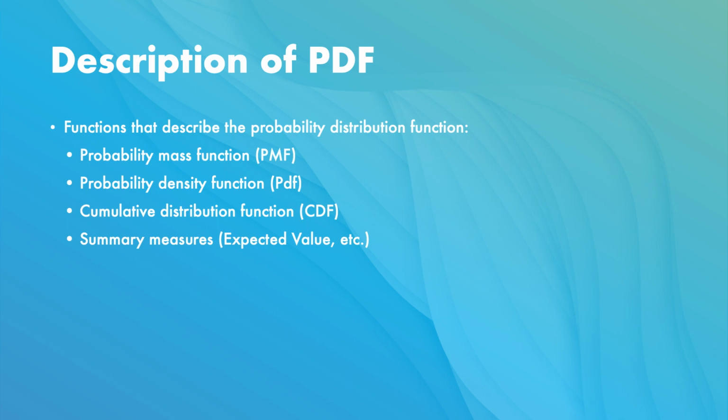The probability distribution function can be described by a table, at least in the case of discrete random variables. But once we have a big sample space, we have to do something about it, and we have to visually describe the function using other representations, such as, for instance, the probability mass function, which only works for discrete random variables, the probability density function, which only works for continuous random variables, and the cumulative distribution function, which is the same for both the PMF and the PDF.